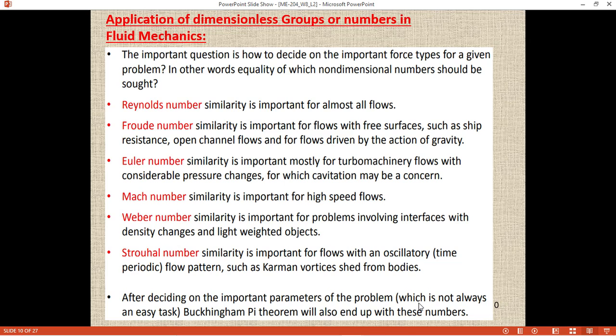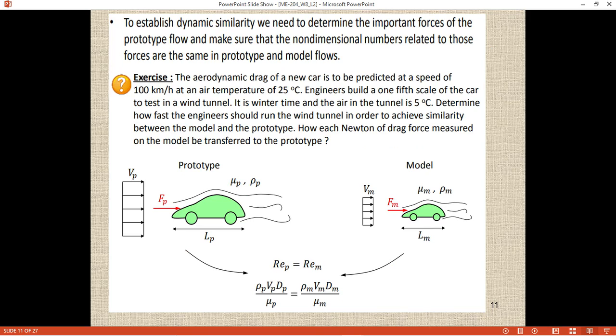Once you find these numbers using the Buckingham pi theorem, you can solve the problem very easily. To establish dynamic similarity, we need to determine the important forces for the prototype flow and make sure that the non-dimensional numbers related to those forces are the same in the prototype and the model flow.